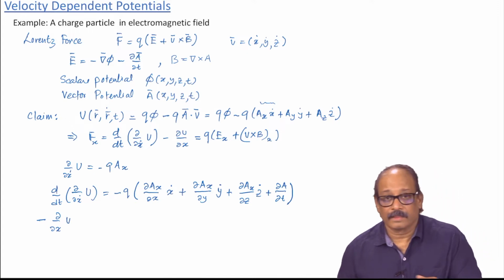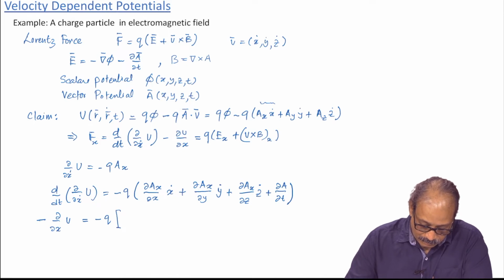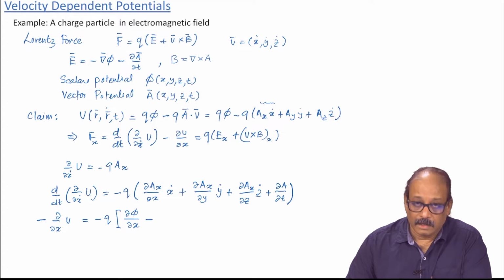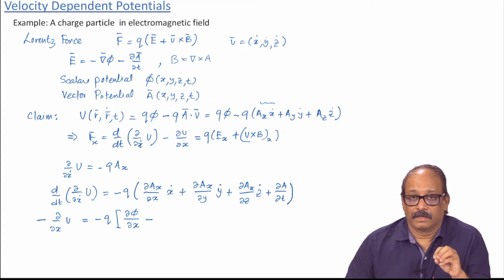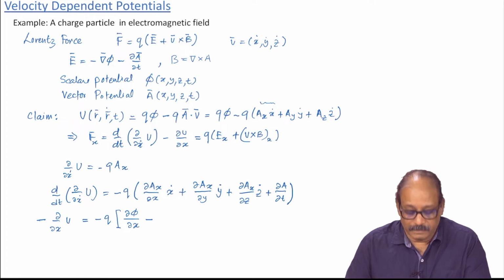And the second term that we are looking for, which is minus del over del x of U, will be equal to minus q times, I will write everything inside the bracket. So, this is del phi by del x minus, and now we will take the derivative of all these A x, A y, A z with respect to x.